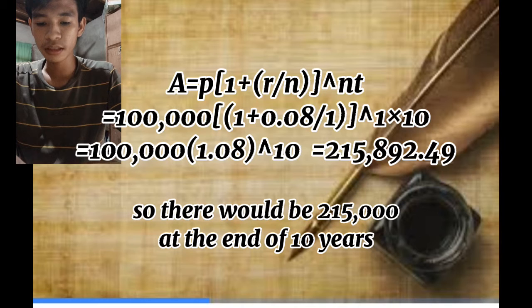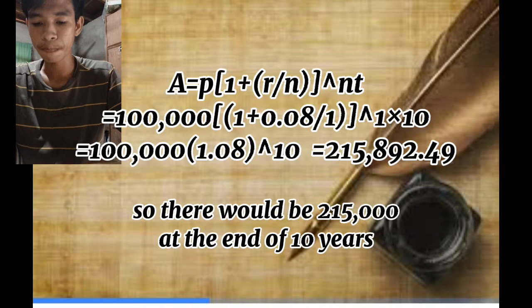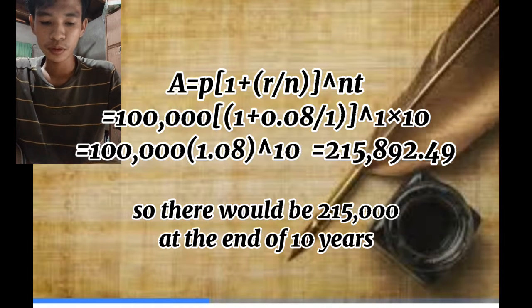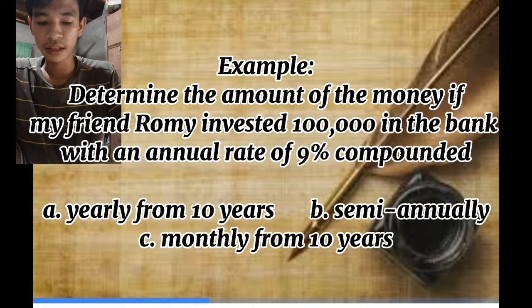So, copy it here below. We now have 100,000 times 1.08 raised to 10. So, we have 215,892.49. So, there would be about 215,000 in the account at the end of 10 years.